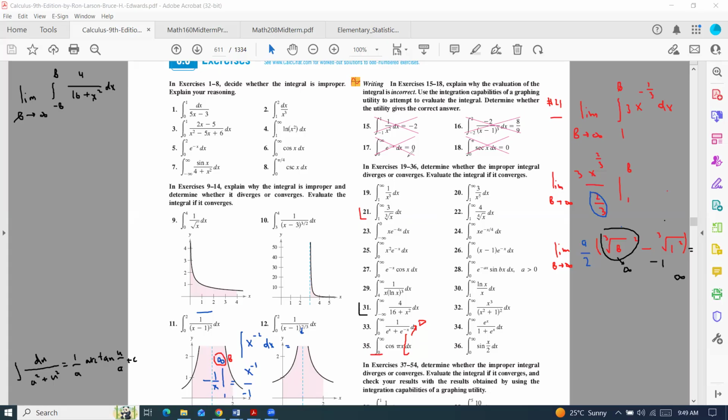So it looks like in this case, our a is 4, right? 4 squared. Okay, so for a equal to 4, we end up with 1/4 arctangent of x over 4. So antiderivative is not hard to find.